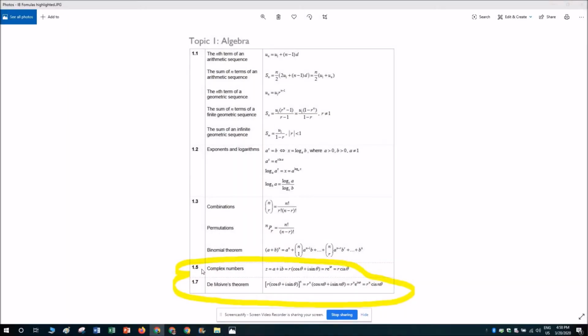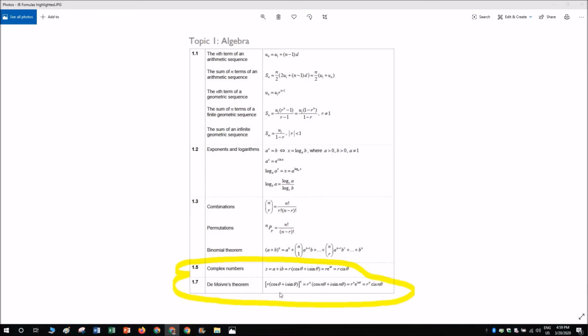Let's go back to section 1.5 of our formula sheet, where we found the different forms for the complex numbers. Right underneath that, in section 1.7, is De Moivre's theorem. What you can see this theorem does is show us different ways that we can find powers of complex numbers.